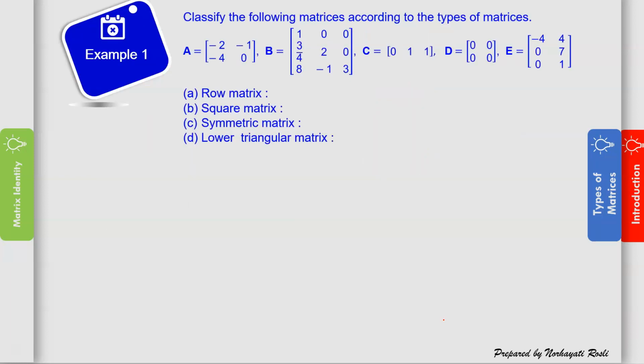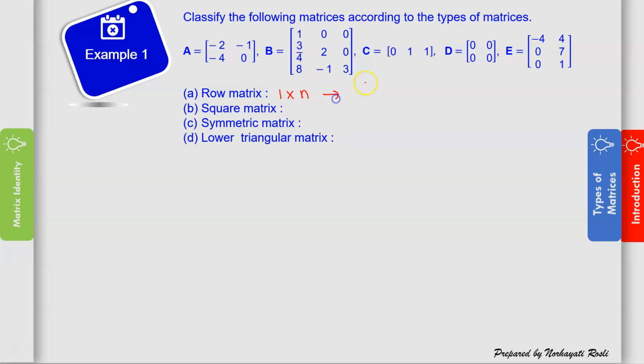So we go now to example 1. The question asks us to classify the following matrices according to the types of matrices. Based on these matrices, which one is a row matrix? If you still remember, a row matrix is a matrix of size 1 times n, so the number of columns can take any value.